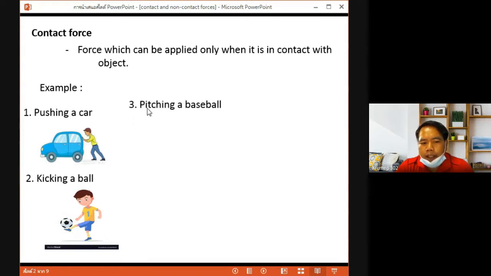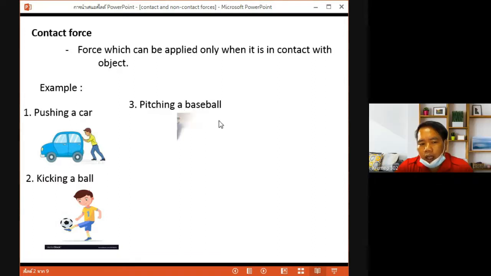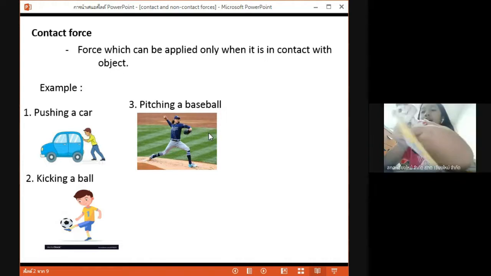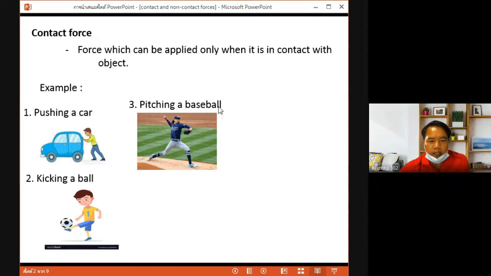Another example is pitching a baseball. We have here a picture. You can see a pitcher holding the ball. If the pitcher throws the ball, it will push the ball to the catcher. That is also an example of contact force.